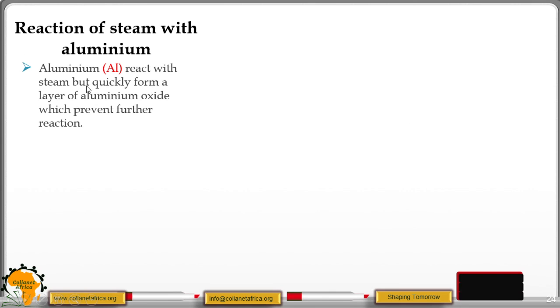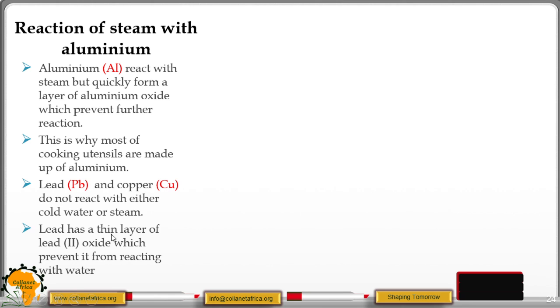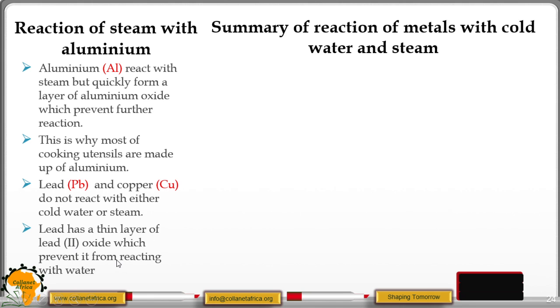Aluminium reacts with steam but quickly forms a layer of aluminium oxide which prevents further reaction. This is why most cooking utensils are made of aluminium. Lead and copper do not react with either cold water or steam. Lead has a thin layer of lead(II) oxide which prevents it from reacting with water.